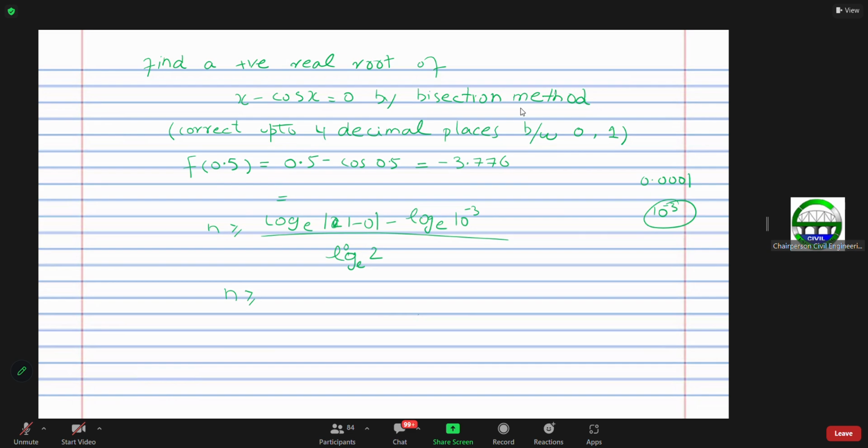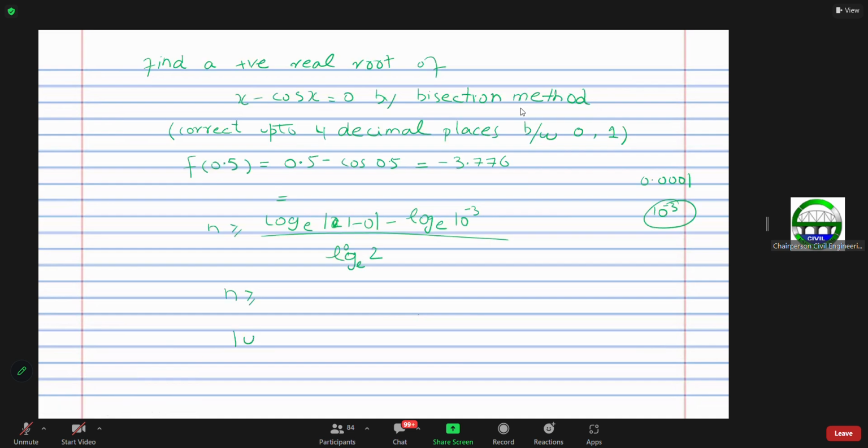Okay, so guys, make sure you have at least 10 iterations. Until x10, you have to solve it again and again.